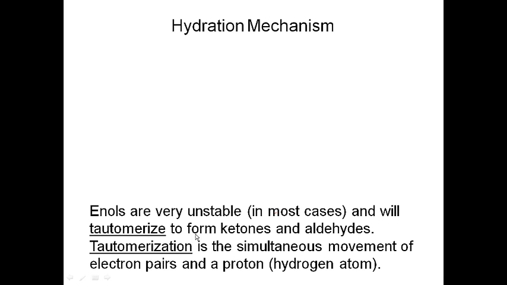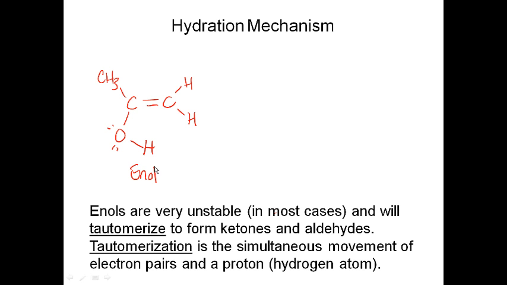You don't break or make bonds. Tautomerization involves breaking and making bonds, and so it's not resonance structures. So I'm going to rewrite my enol from the last slide, and I'm going to write it with my lone pairs. Now I've got my double bond with my hydrogen here and my hydrogen here. So here's my enol.